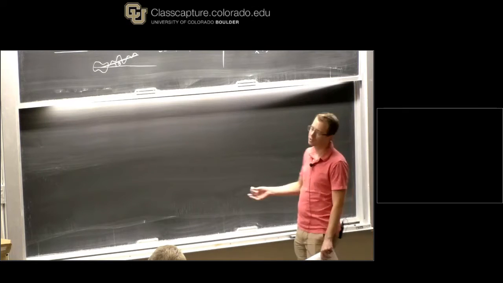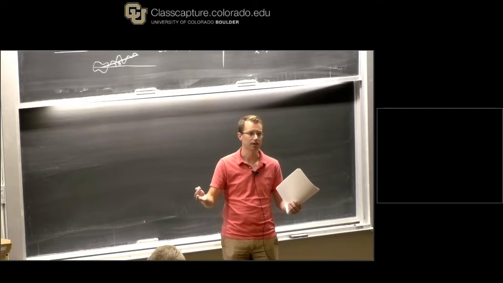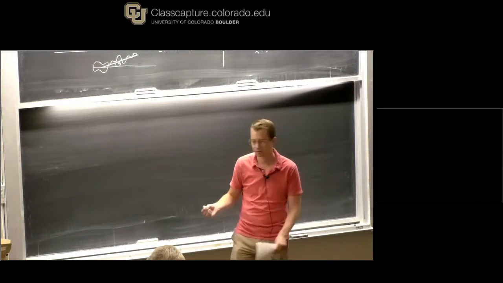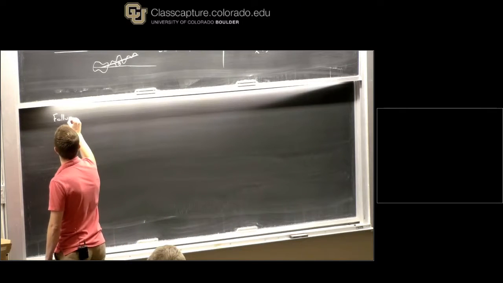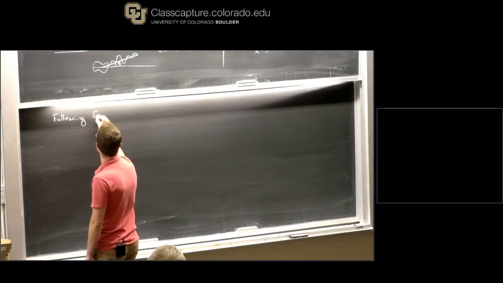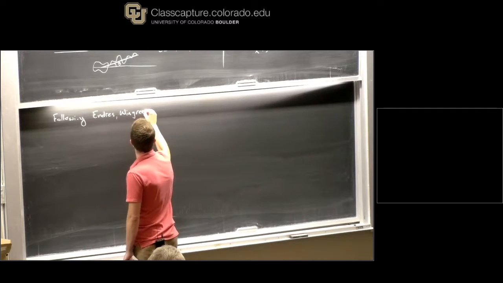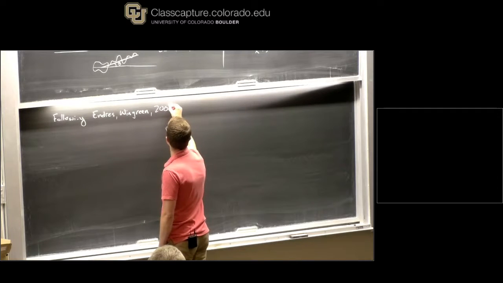So I'm going to imagine an absorbing sphere in the presence of a linear profile and ask about its statistics. This is following a paper by Robert Endres and Ned Wingreen from 2008.